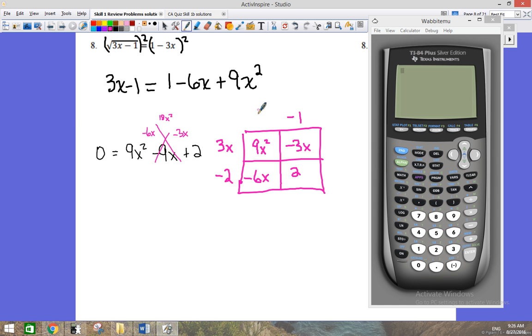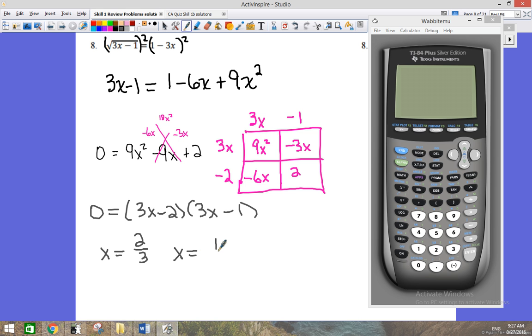Here vertically I have another 3x, so you can check by multiplication: if you take the row times the column, you'll get that corresponding entry. And we have 3x minus 2 and 3x minus 1 for possible solutions of 2/3 and 1/3, if I haven't made any silly errors.